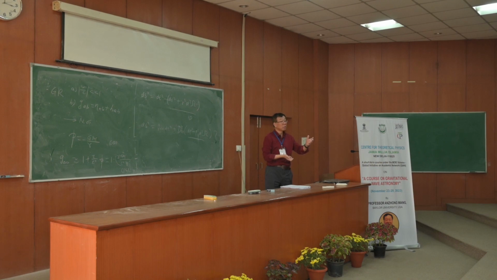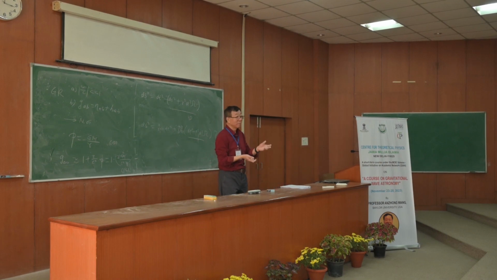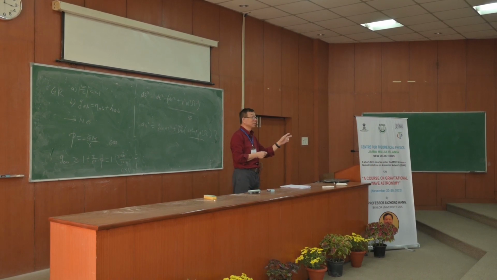I just use x, y, z. You will find the Schwarzschild solution in Cartesian coordinates is a mess. In principle, you can find it, but realistically you cannot, because in other coordinates the equation becomes nonlinear. Nonlinear, we do not know how to solve this.